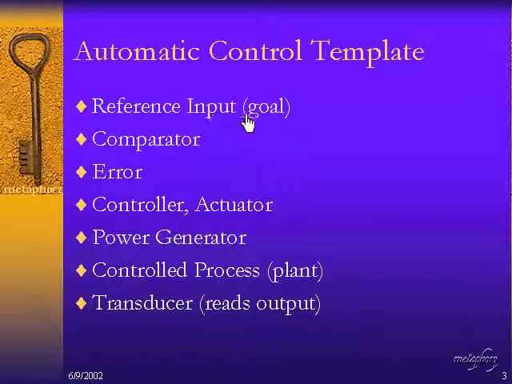We have a reference input, or a goal, a comparator, error, controller, actuator, power generator, a control process that used to be known as a plant and sometimes still is in some control textbooks, and finally a transducer, which reads the output from the plant or the controlled process.